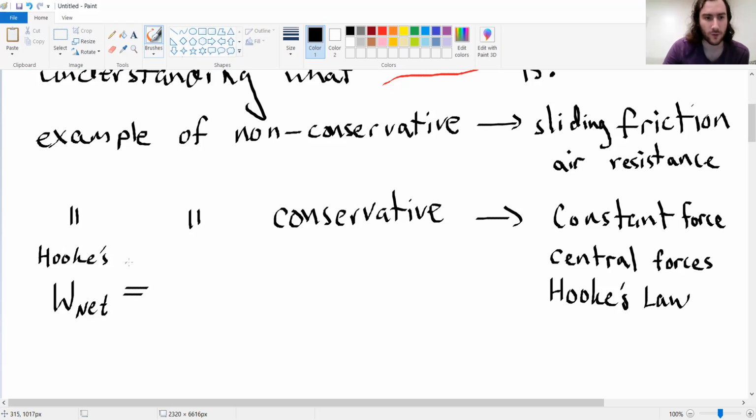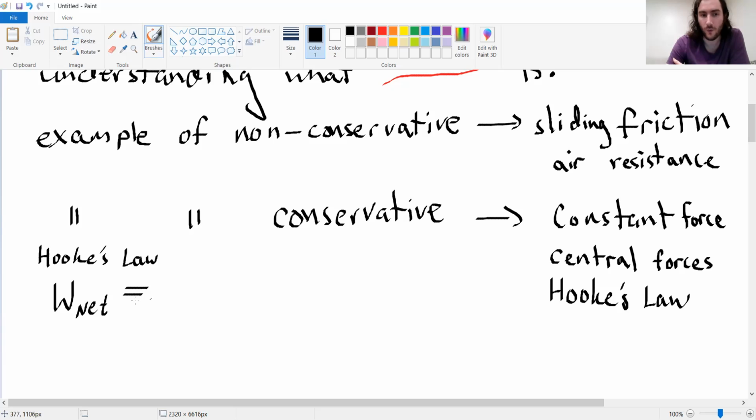You guys remember that? So that amount of work that we did to stretch a spring, so Hooke's law, look at this, full circle here, right? Hooke's law, we calculated the net work and it was minus 1/2 K times delta X squared, okay? But the restoring force is the force that we're doing the work against, which is opposite to our applied force.